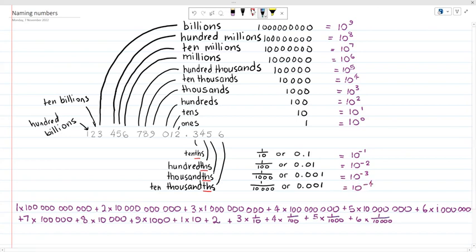And this gives me a shorter and easier way that I can write that big number in expanded form if I want to.